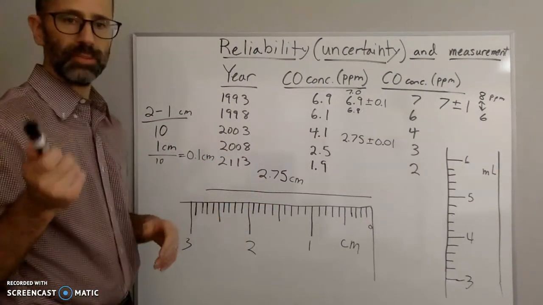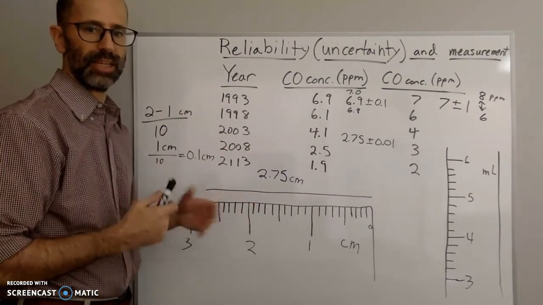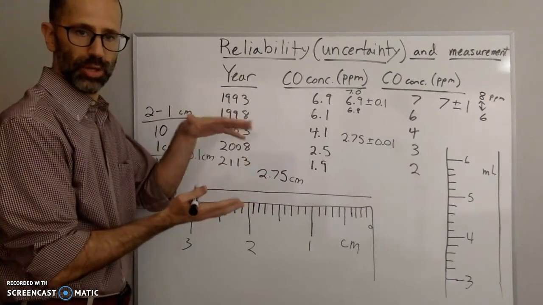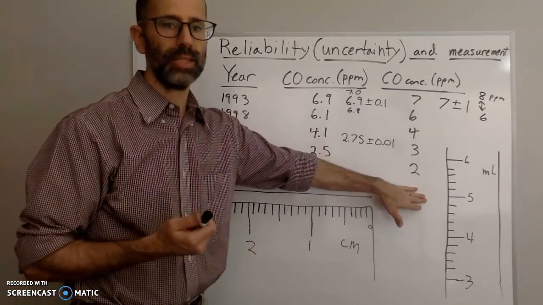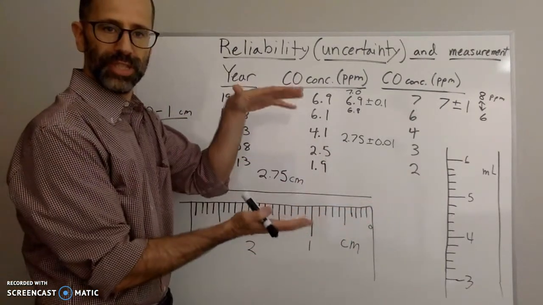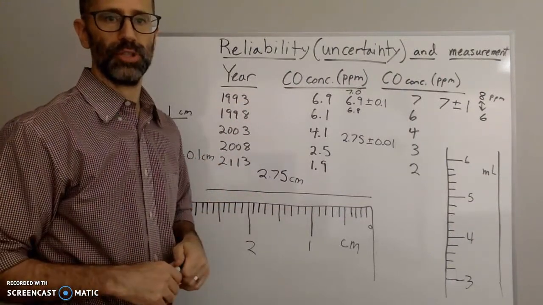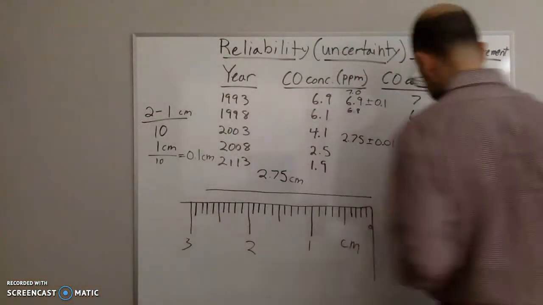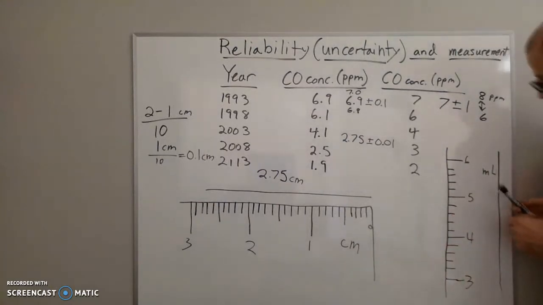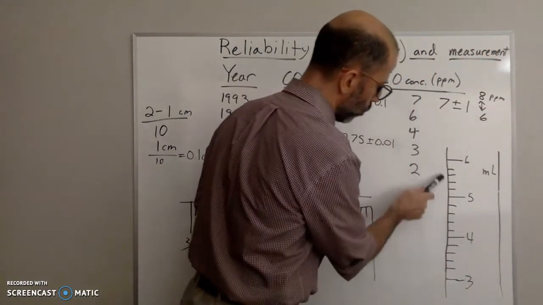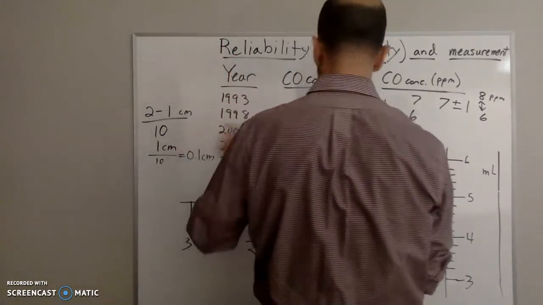Now, sometimes you can't estimate to the last digit, and that has to do with the instrument you're using. Sometimes your graduated cylinders will have divisions of 10 between the numbers. Sometimes they're divisions of 5. What do we do when there's divisions of 5? Really quickly, I have to figure out what each increment means, so I do the same thing I did over here.